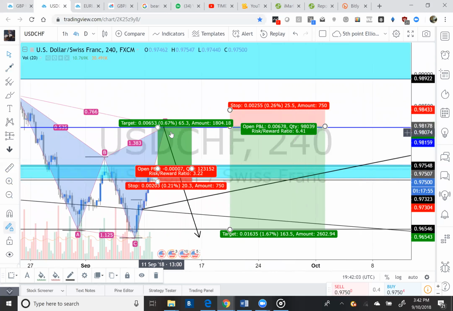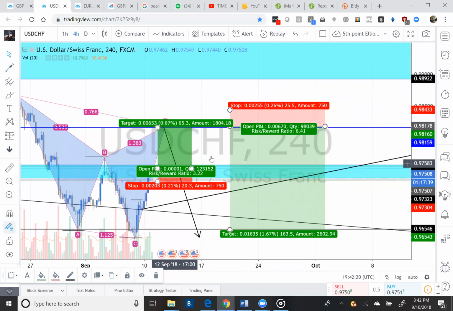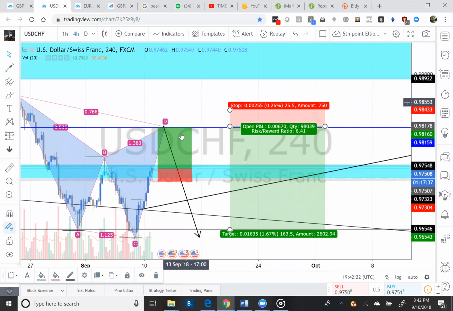I look to catch trades at boundaries, support and resistance boundaries. So I could put smaller stop losses and get a higher risk reward ratio. That's how I increase my risk reward ratio. I don't just increase it by saying, all right, I feel it will go more.